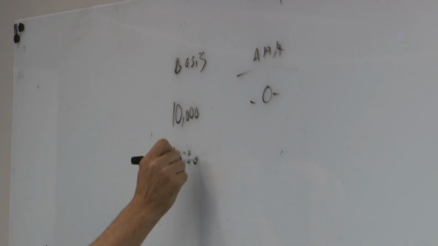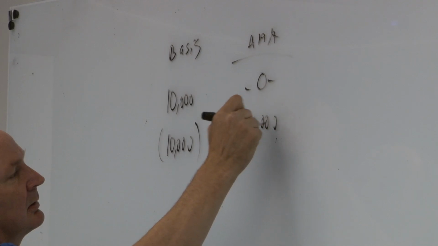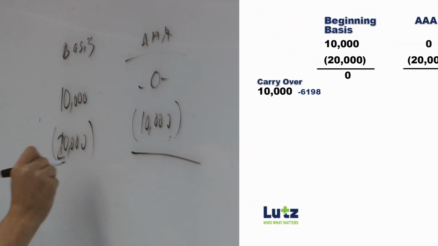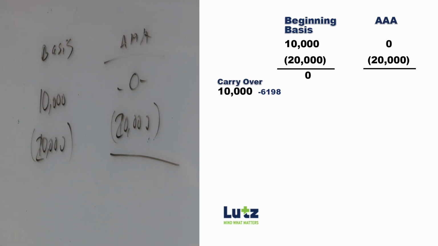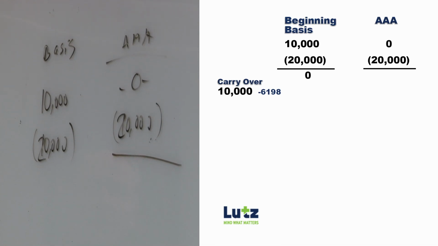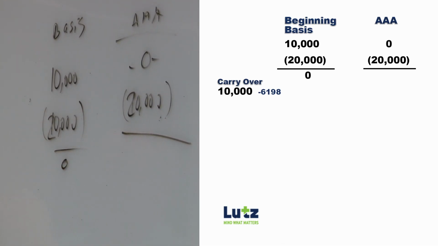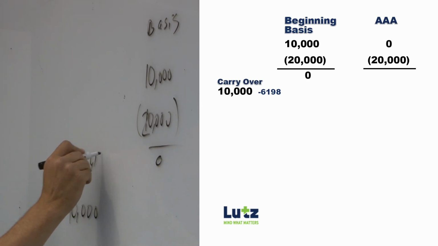So if the company has a $10,000 loss, let's make it 20. Trent's saying, well, wait a minute. I can only deduct up to 10. My basis is 0, and I have a $10,000 carryover on my 6198.